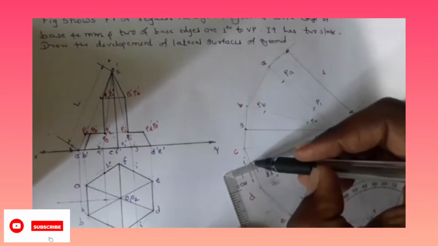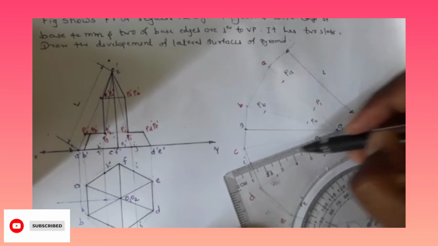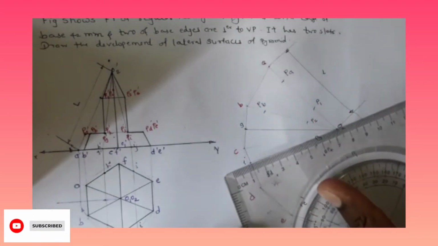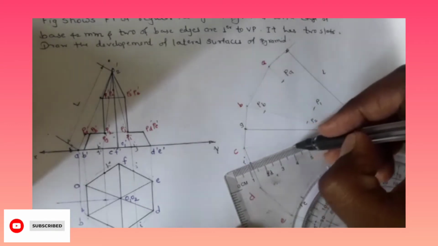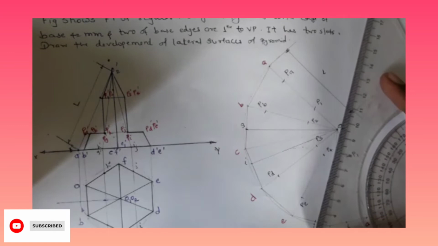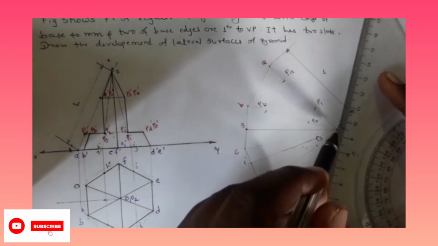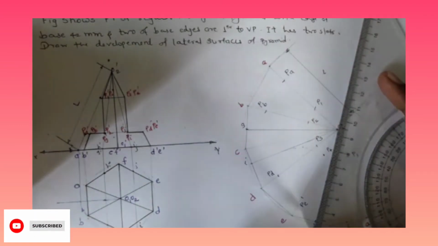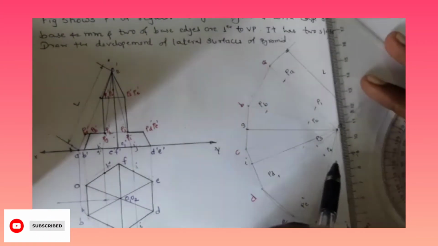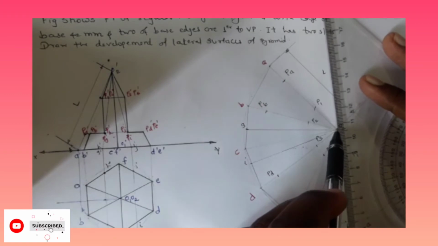Here also we have to join this I to O2, then next we have to join these points also, this J to O2 and then H to O2.